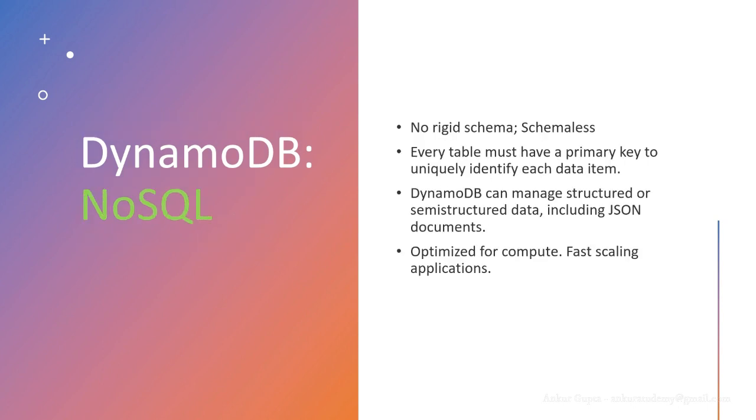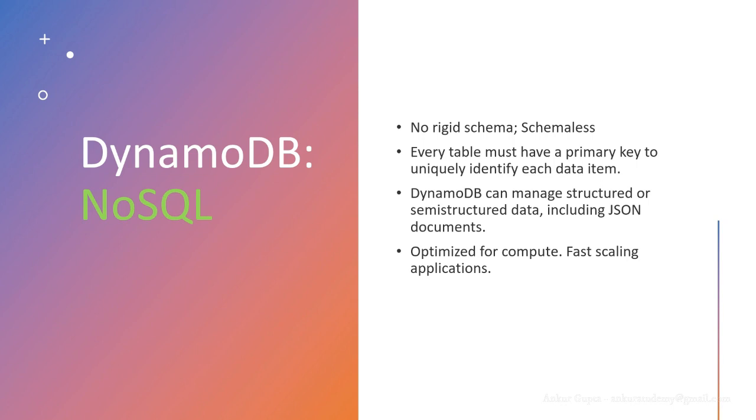Now, DynamoDB is a NoSQL database, which means there is no rigid schema, or it is schemaless. Every table must just have a primary key to uniquely identify each data item in the table. Unlike a SQL table, where it needs a well-defined schema where data is normalized into tables, rows, and columns.